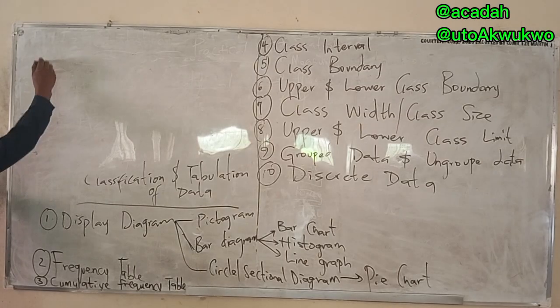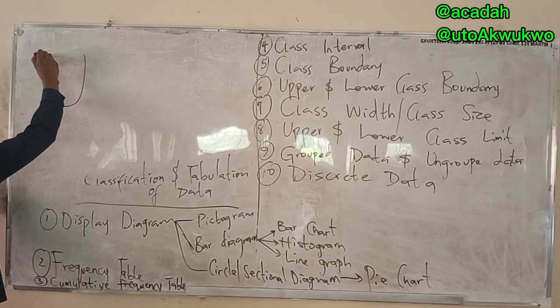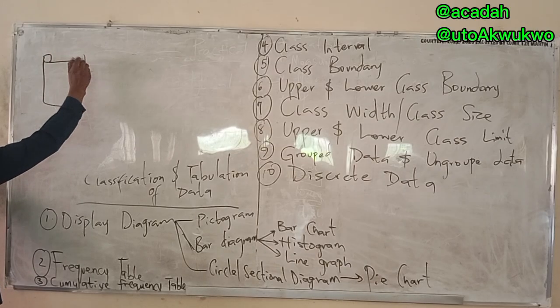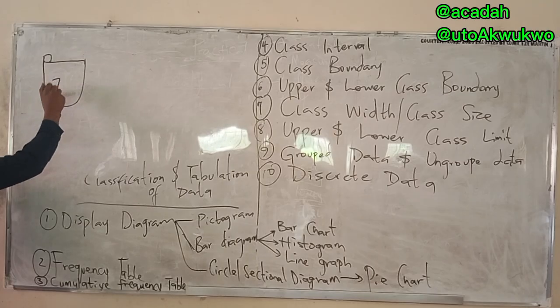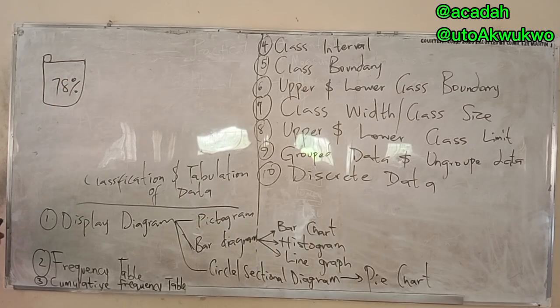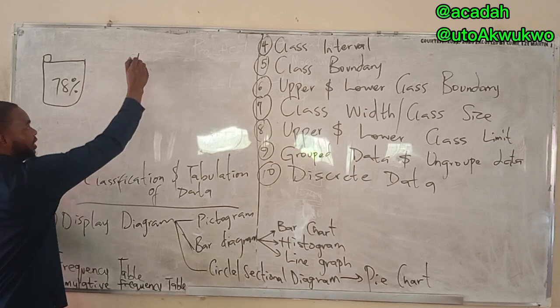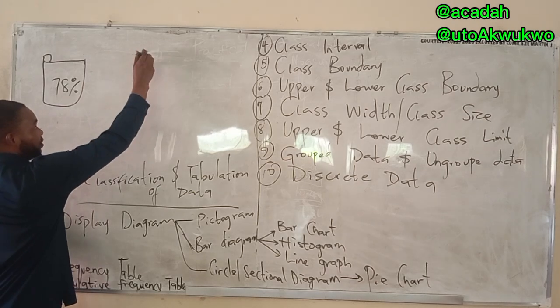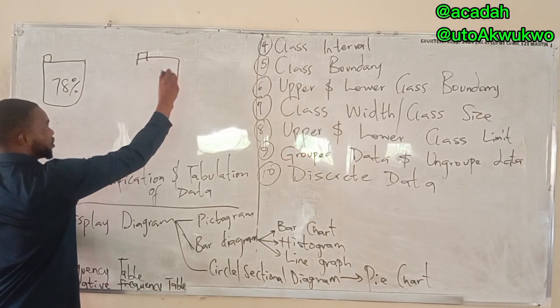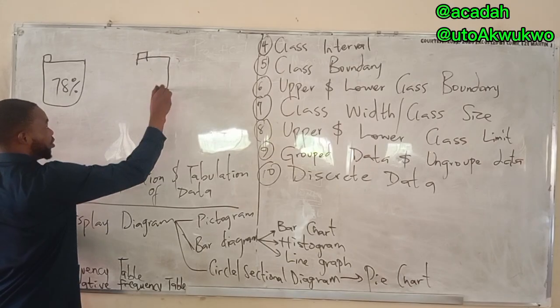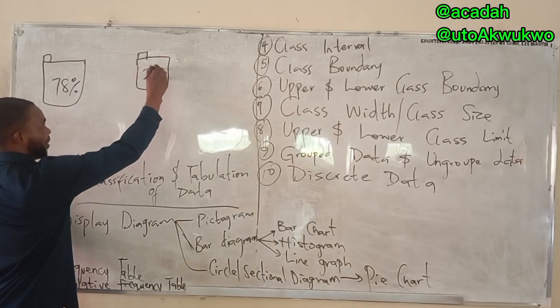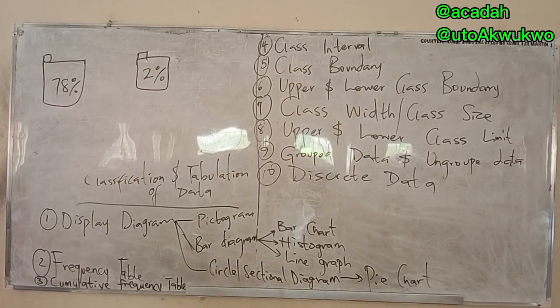You see a big gallon, maybe a rough sketch. They tell you Nigeria made up to 78% in the revenue. They now tell you another country sold in the same year, and they draw a smaller gallon. They tell you it made 2% in revenue.